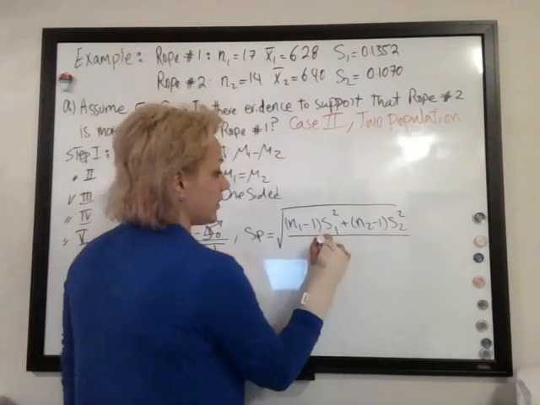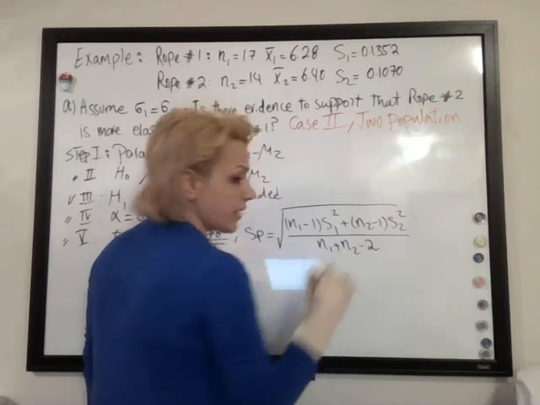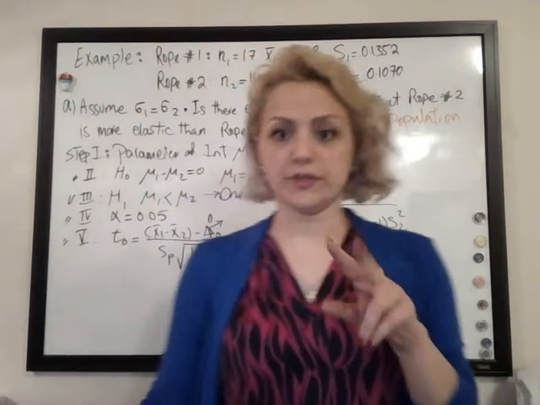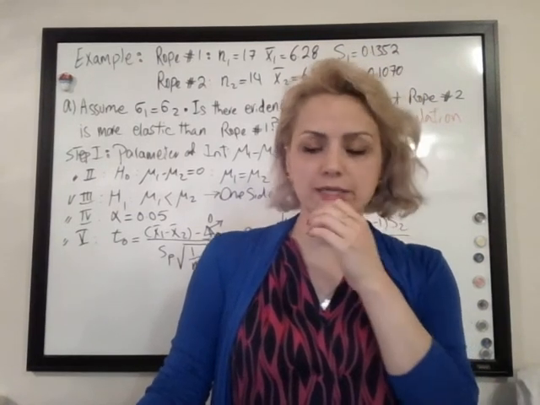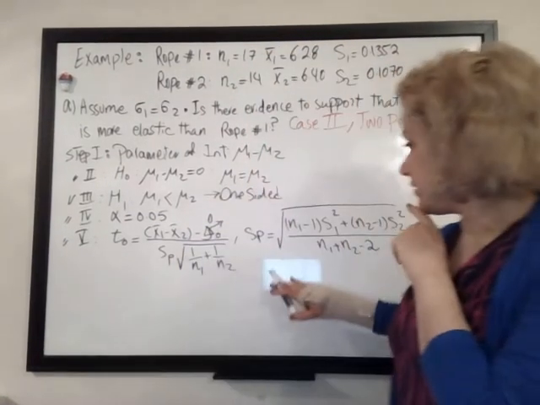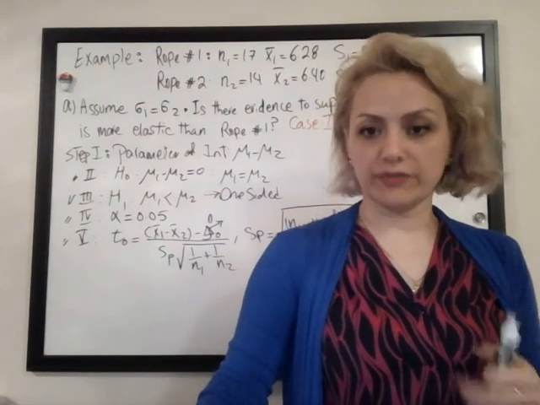For this case, it's N1 plus N2 minus 2. Why minus 2? Because we have S1 and S2, so we are blocking two data points. So we can find SP, the pooled estimate of S.